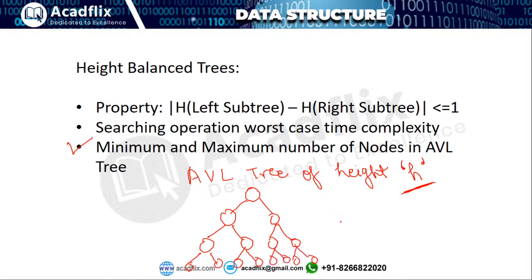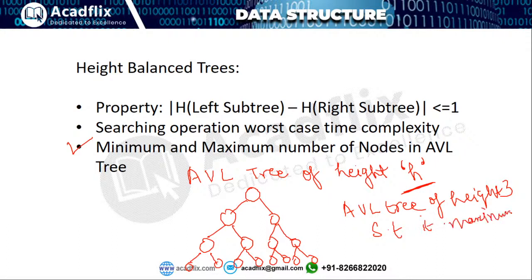Fine. So if someone asks me to construct an AVL tree of height, let's say 3, such that it is having the maximum number of nodes, then this is the way that I will draw my AVL tree: I'll draw it as a full binary tree, so that I'm having the maximum number of nodes in my AVL tree.